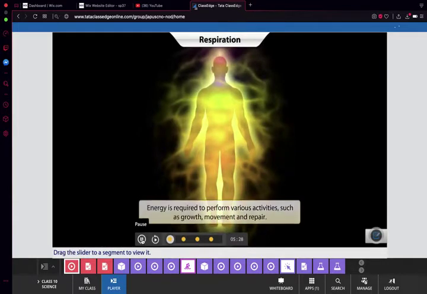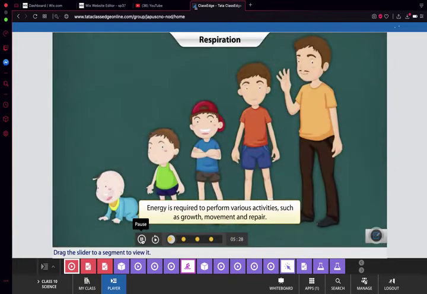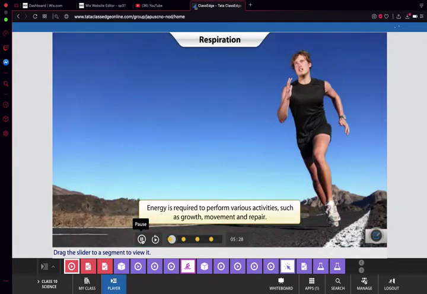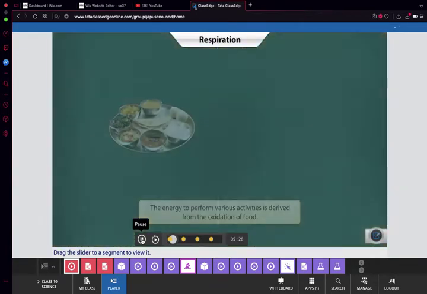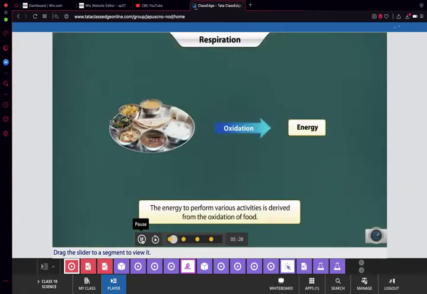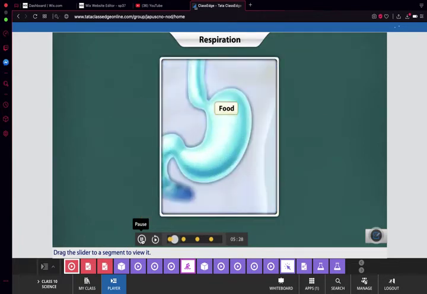Our body needs energy to perform various activities such as growth, movement, and repair. This energy is derived from the oxidation of food. The food in the body is digested and converted into glucose and other simple compounds.